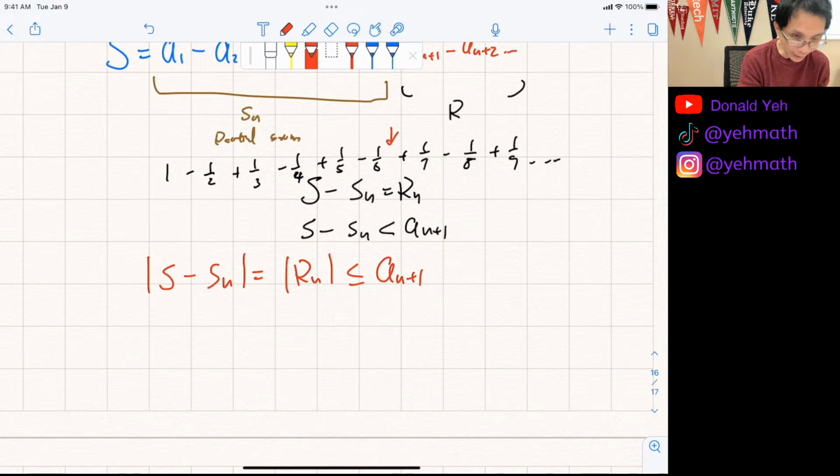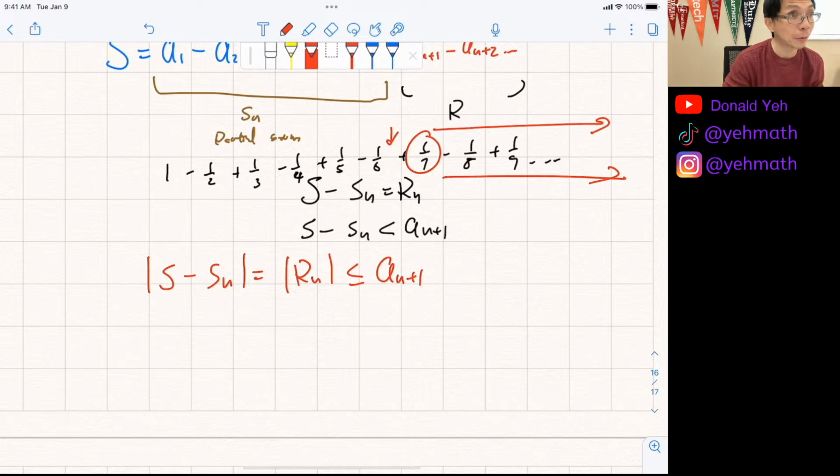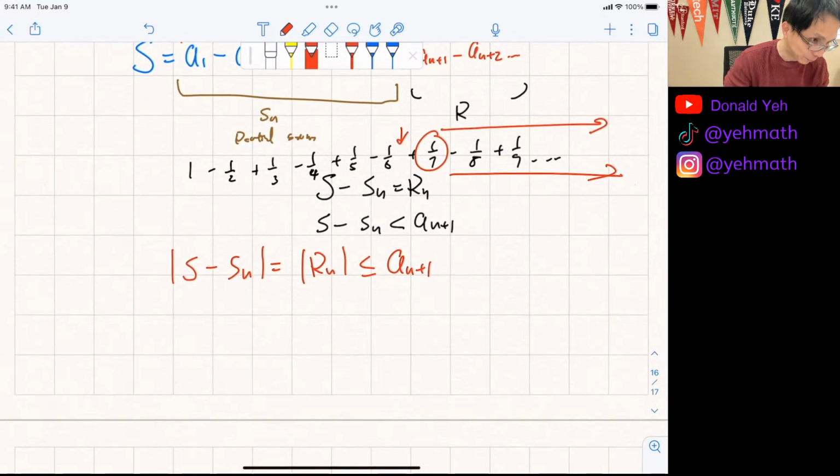The remainder is always less than the next term. So even if you combine all those things together after this, you'll never outrun 1 over 7. It's always going to be smaller. Does that make sense? Okay, so that's basically it.